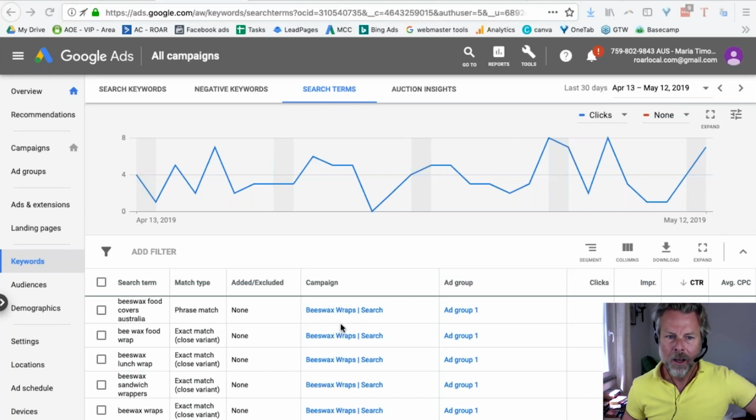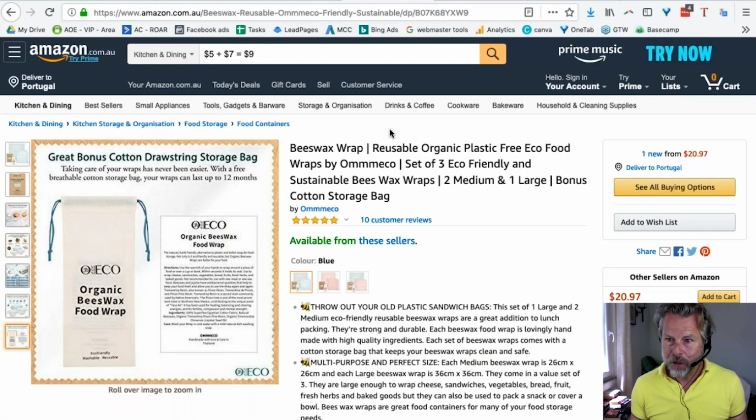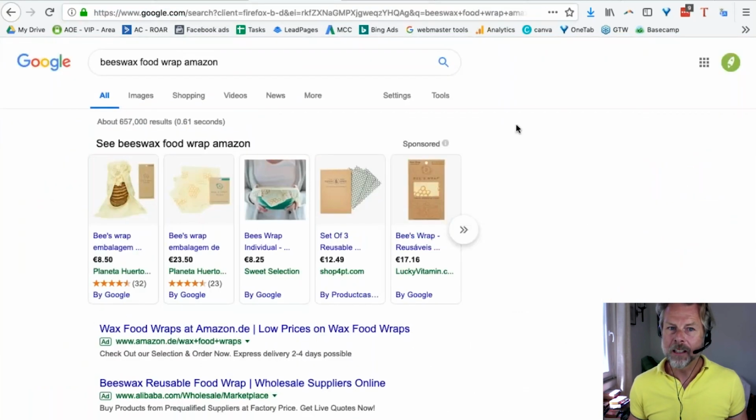what do you think would be a brilliant search term for this product? They sell beeswax food wraps. They sell it on Amazon.com.au. So what do you think a great search term for them would be? Good.